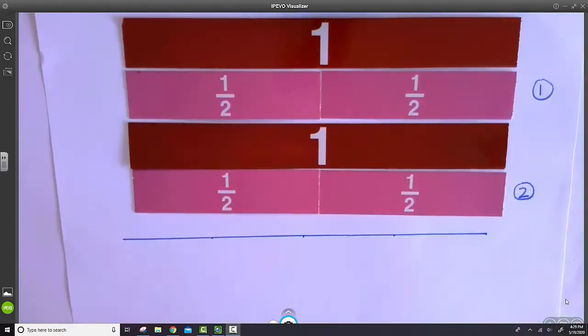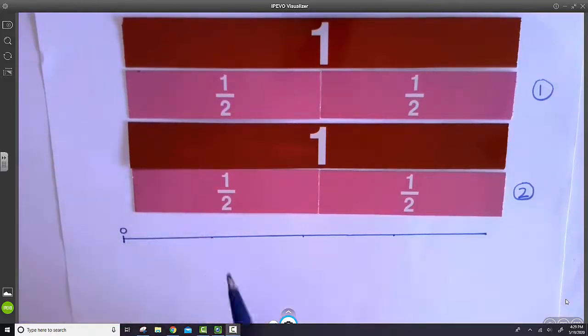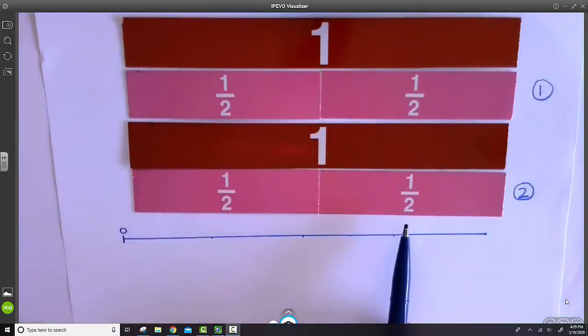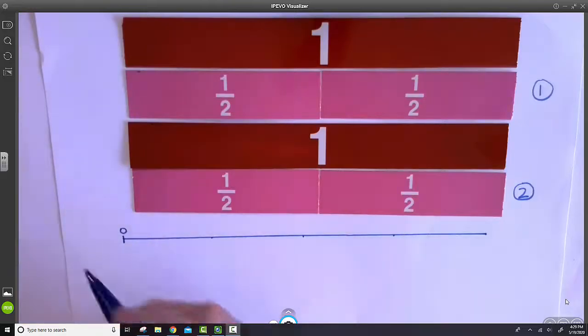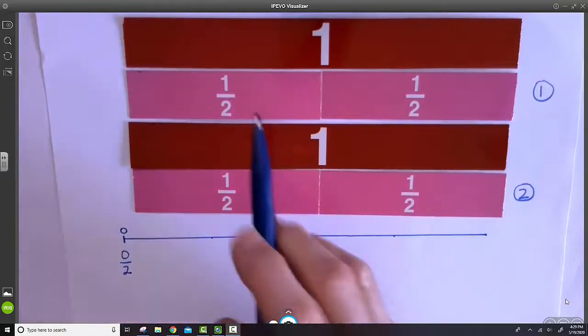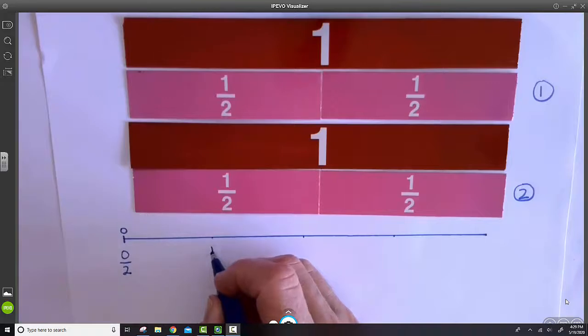So how do we represent that on a number line? Of course, we begin with 0. The denominator tells us how to divide our number line into parts. So we would begin at 0 halves, and our first segment would be 1 half.